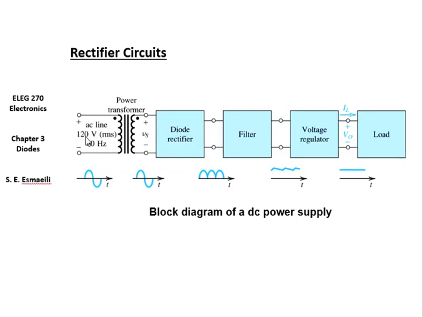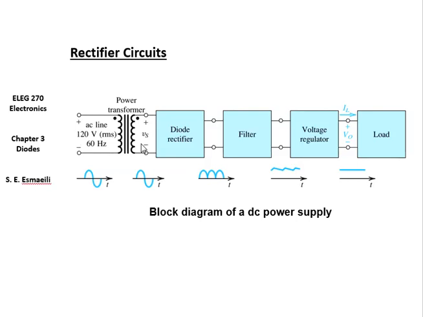Some phones only need 3.5 volts. So the first thing you need to do is step down the voltage, and this is done with a transformer. This transformer takes 220 or 120 volts as an input and gives you 5 volts AC as an output.